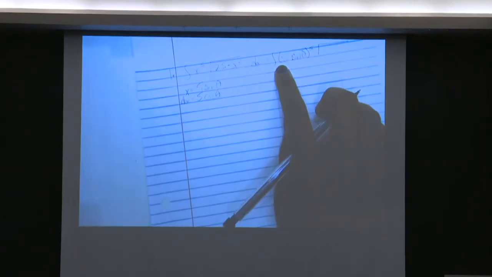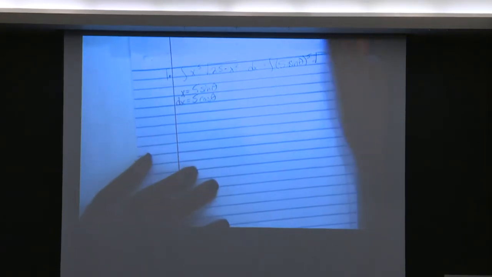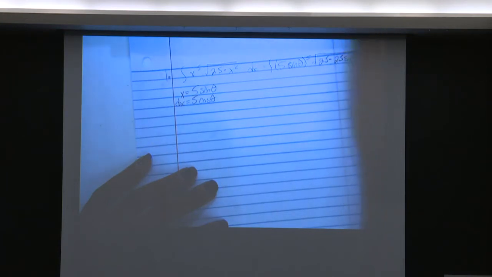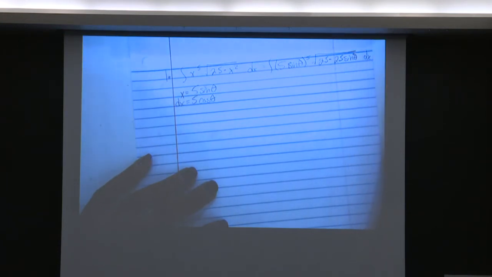You get 5 sine theta. And then that gives me 25 minus 25 sine squared theta. If you get stuck, please raise your hand so I'll know where to stop, okay?